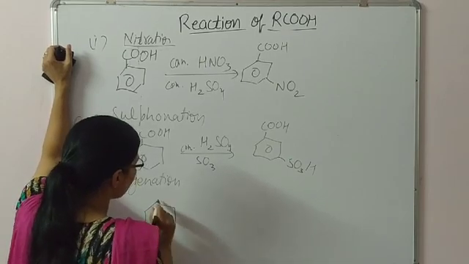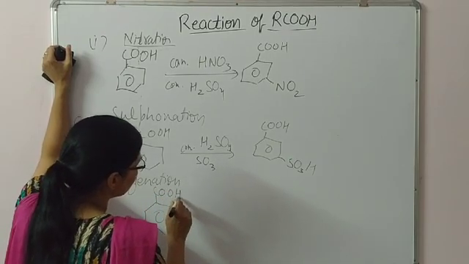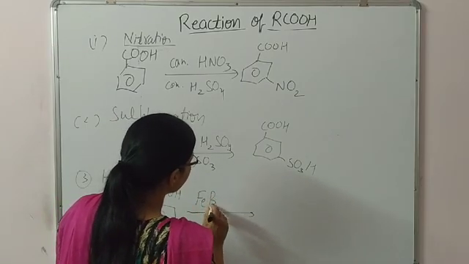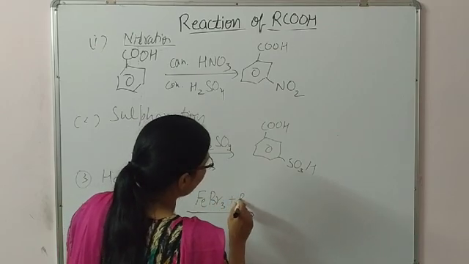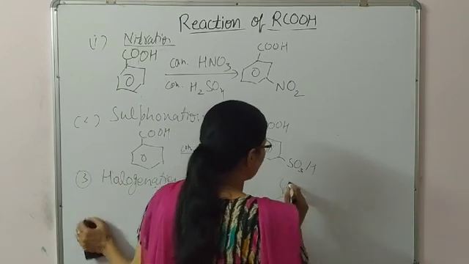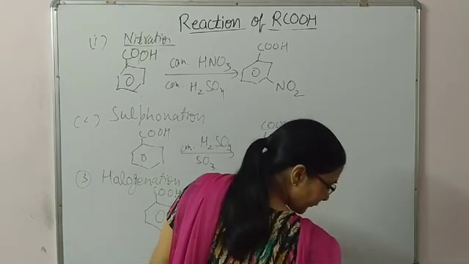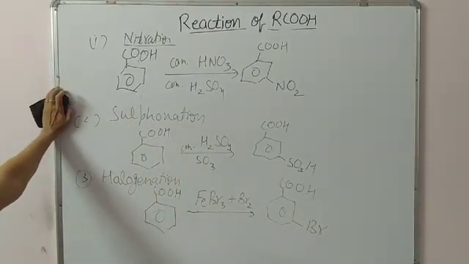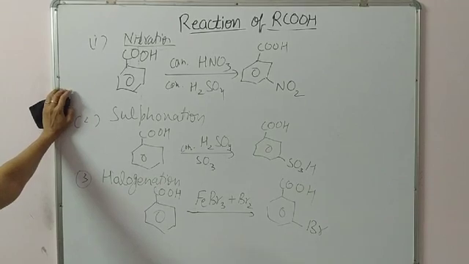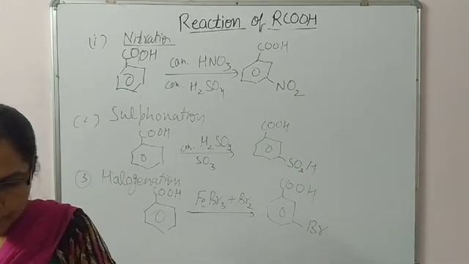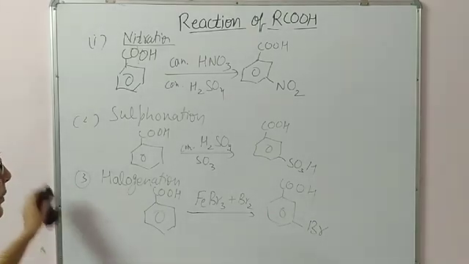Halogenation is the last reaction, in the presence of FeBr3 and bromine, there will be formation of meta-bromobenzoic acid. So these three are the popular ring substitution reactions of carboxylic acid. That's all about carboxylic acid. Now you will get the assignment very soon. Thank you.